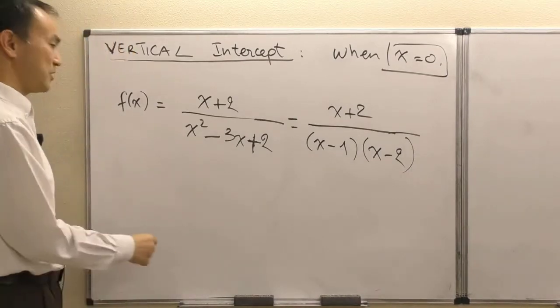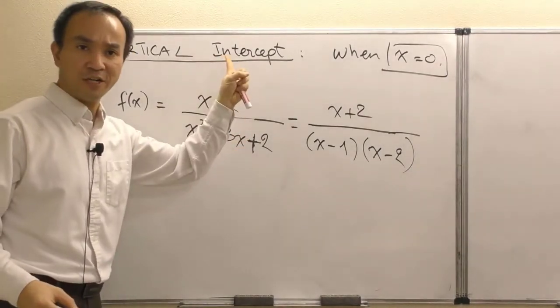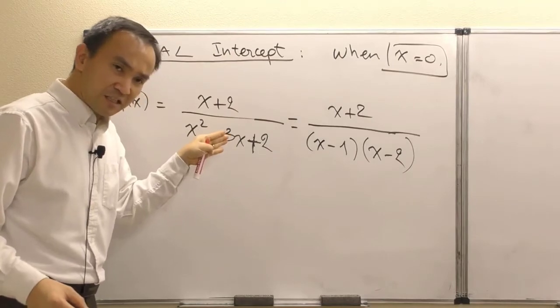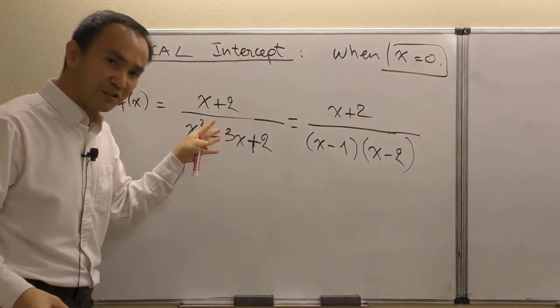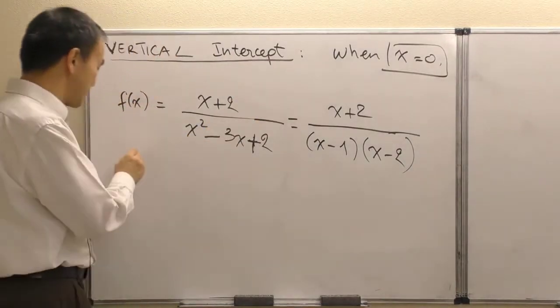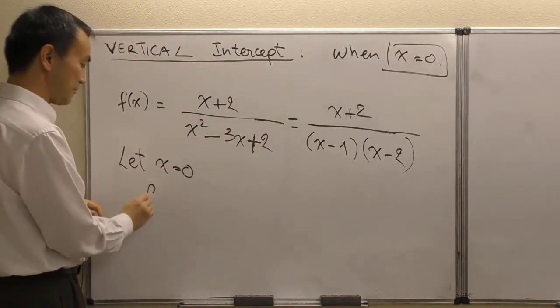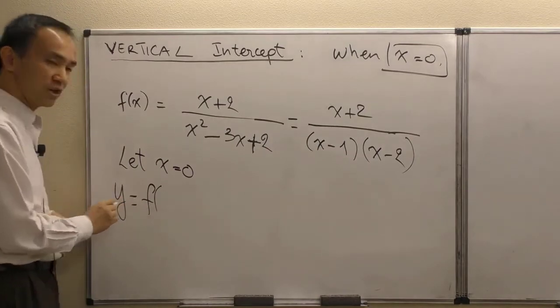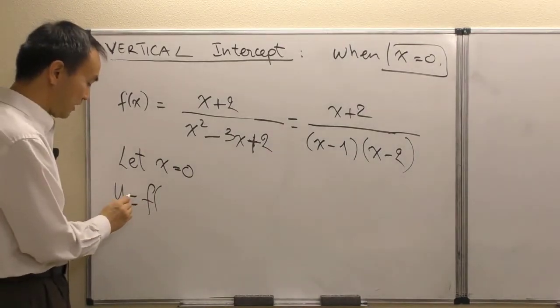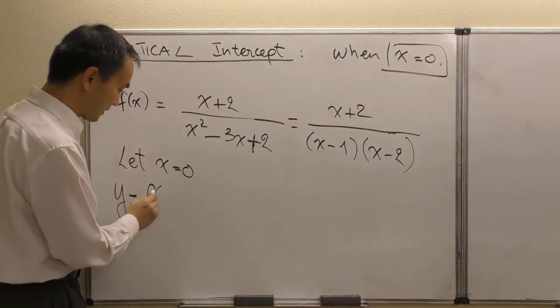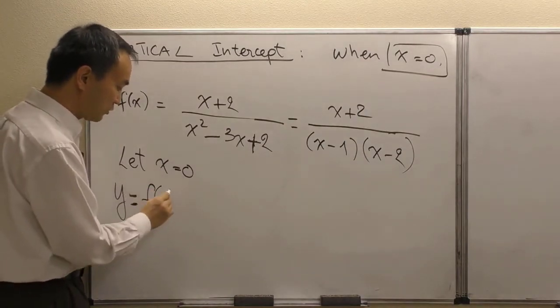So in that way, we're just going to easily find the vertical intercept of this particular demo rational function. I am simply going to let x equal 0, and consequently the y value will come out being the function value at x equals 0.